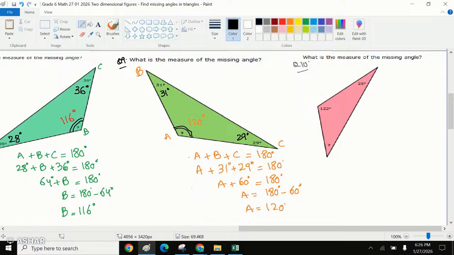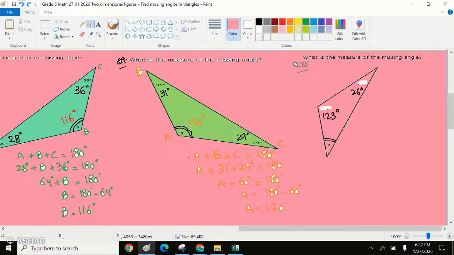Okay, the angles given are 123, this is missing, and this is 26. Yes, thank you. It equals to angle A equals to 120. If we say that these were the angles which were missing, I'll just close the space.